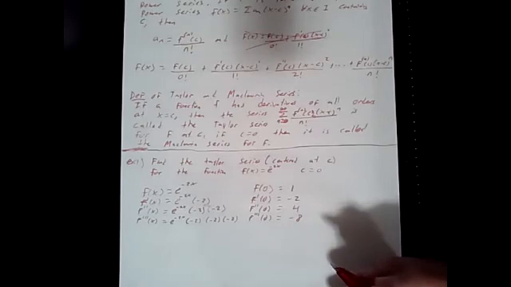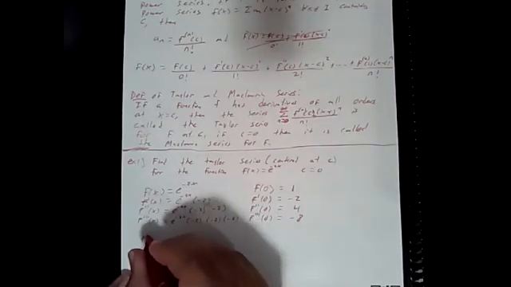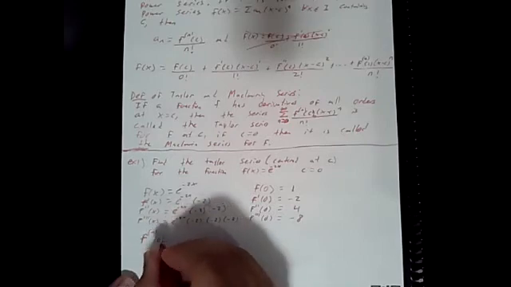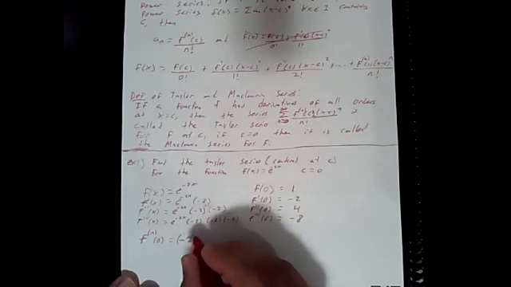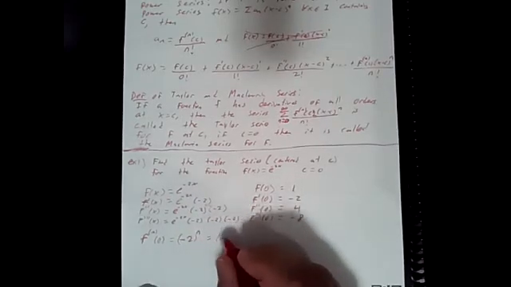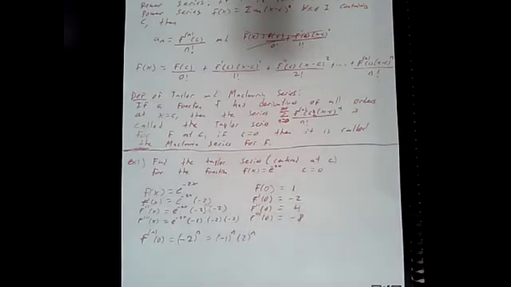So now we can create the pattern for the nth derivative. f n at 0 would be negative 2 to the n, or you could say negative 1 to the n times 2 to the n, if you want to have the alternating piece separately.